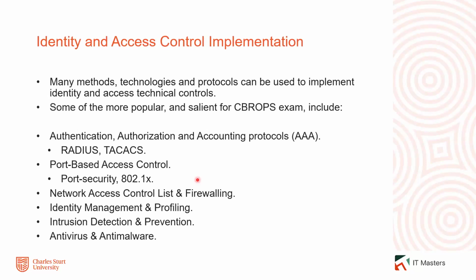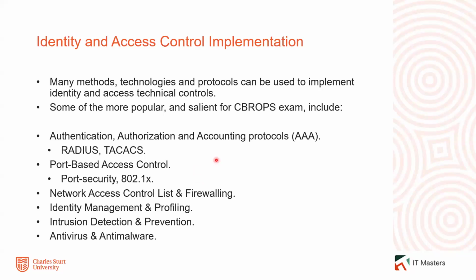In terms of identity and access control implementation, there are literally hundreds and thousands, if not more, ways of doing this. So there's lots of different technologies, protocols, methods that we can use to implement identity, authentication, authorization, accounting, and then the technical controls that we build around them.